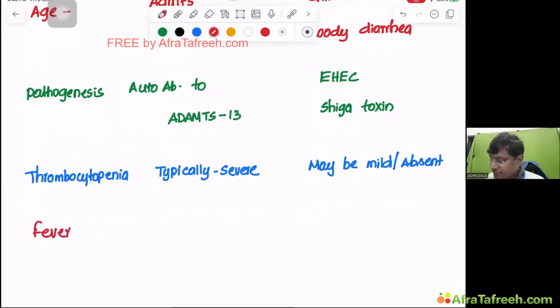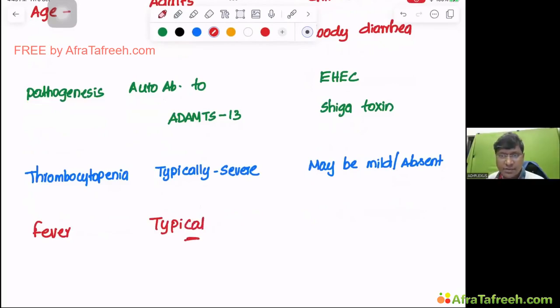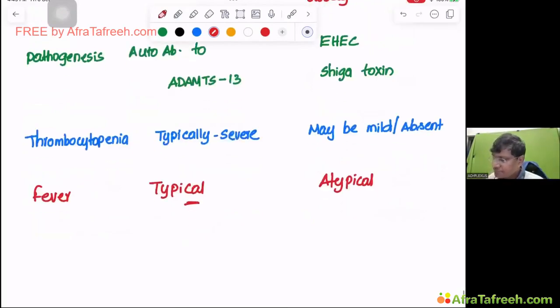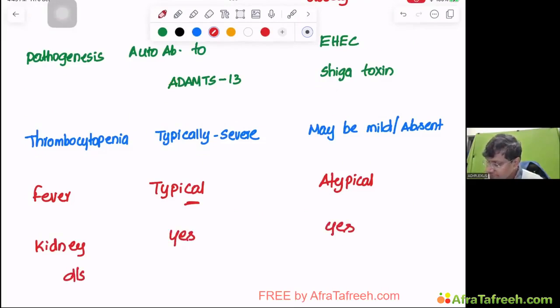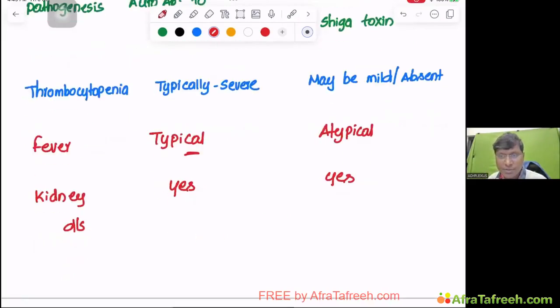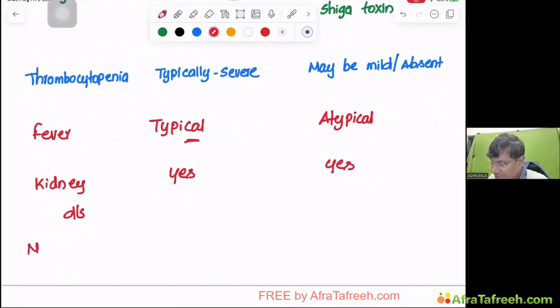And the next important is fever. Fever is typical in thrombotic thrombocytopenic purpura, whereas it is atypical, that is intermittent, or occasionally the fever may be absent in Shiga toxin mediated hemolytic uremic syndrome. Whereas kidney disease, in both of them you have involvement of the kidneys. And what about the neurological impairment?